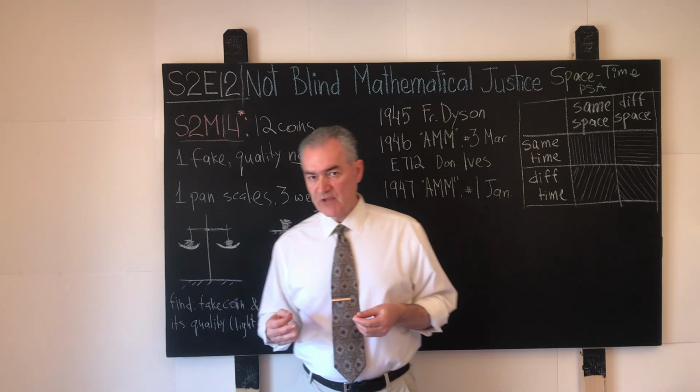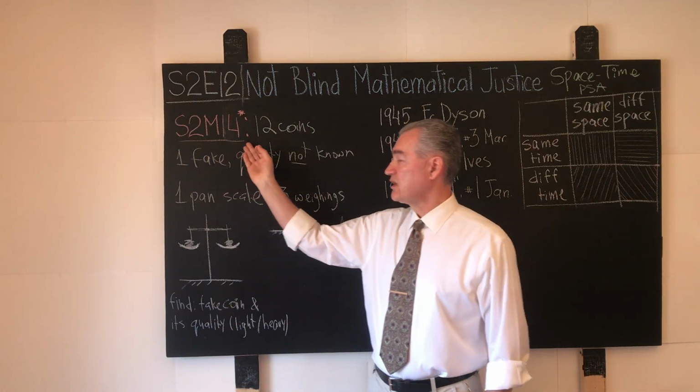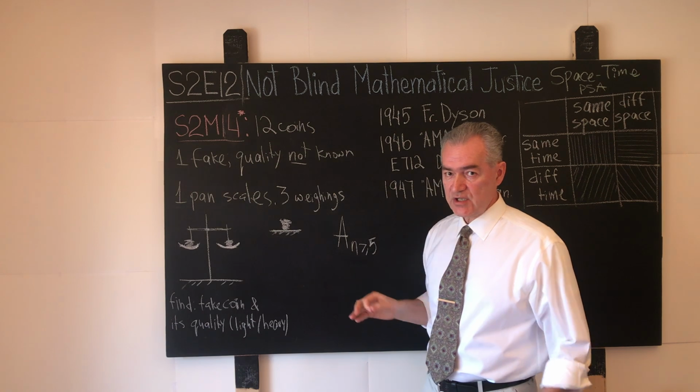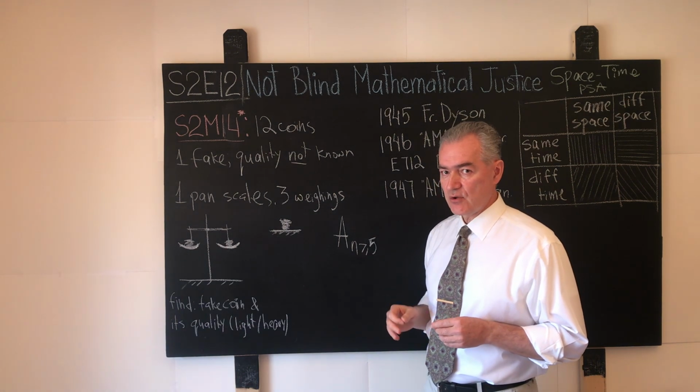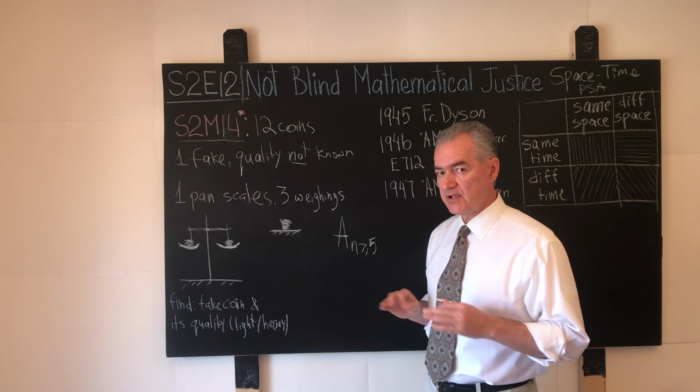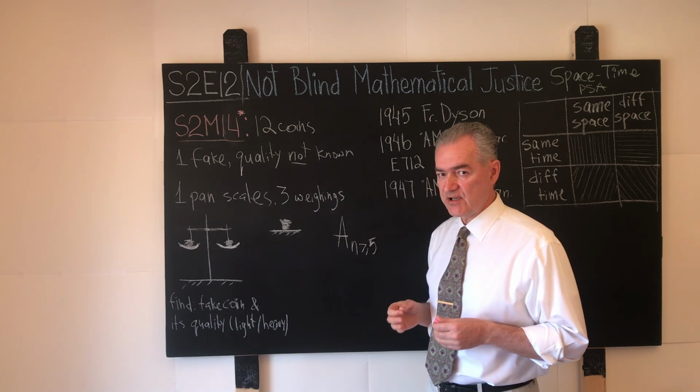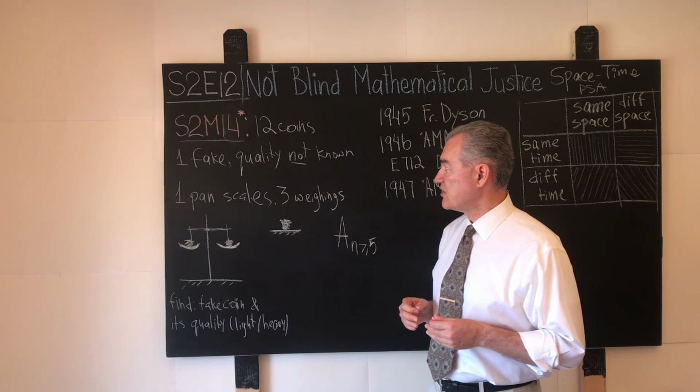In contrast, in our problem S2M14, there are no nested chains or derived series of commutator subgroups. The language in this problem is very, very plain, very, very straightforward.